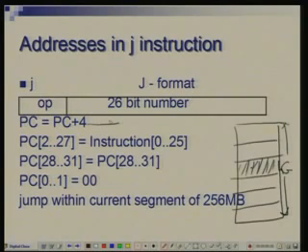PC is initially incremented by 4 and then you are figuring out where to jump. So, typically you will be somewhere within the segment and jump will occur within the segment. If you are at the last word of the segment, then the jump will occur in the next segment.